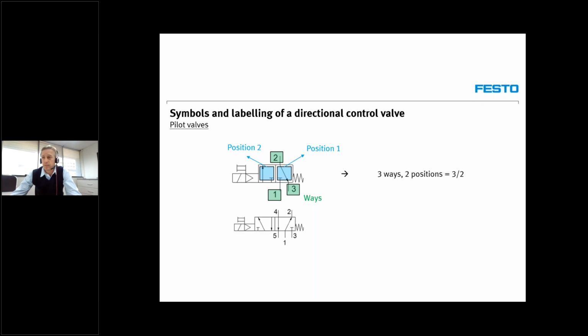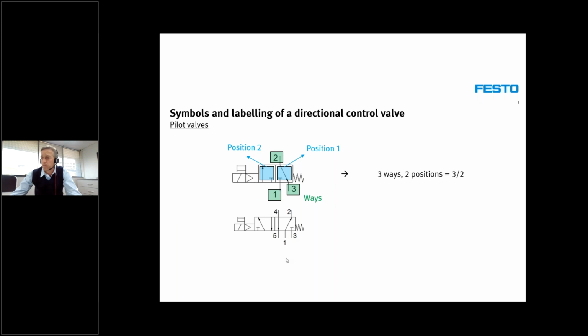If we look at the next symbol, there are 2 working ports, ports 2 and 4. So this valve is used for a double acting actuator, where we need to connect a port to the back of the cylinder as well as a port to the front of the cylinder.